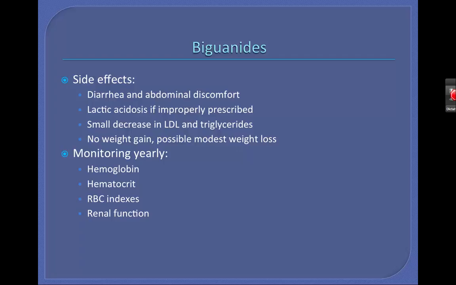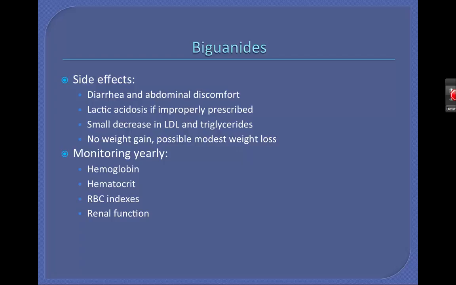Some of the side effects of biguanides are diarrhea, abdominal discomfort, and lactic acidosis if improperly prescribed. They can have a small decrease in LDL and triglycerides, no weight gain, and possible moderate weight loss. What you need to monitor yearly is hemoglobin, hematocrit, red blood cell indices, and renal function. Biguanides should not be prescribed in patients with renal failure because of lactic acidosis.